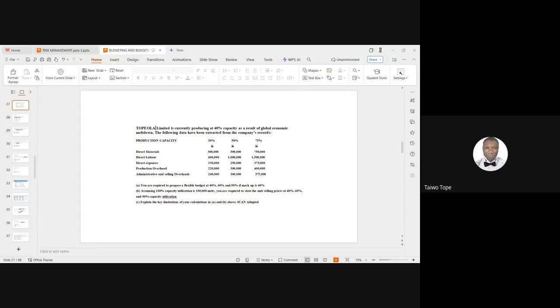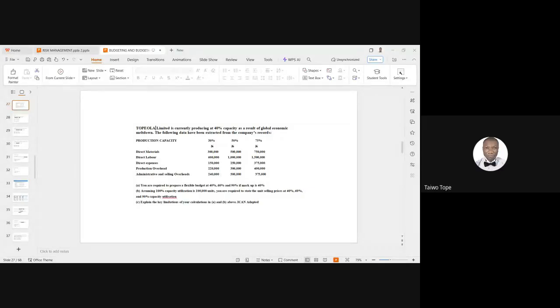We have the same value of 100,000. When we calculated for fixed cost, we got 100,000. When we calculated for variable cost at 75%, we still got 100,000. That means variable cost is 100 and fixed cost is 100. Am I right?